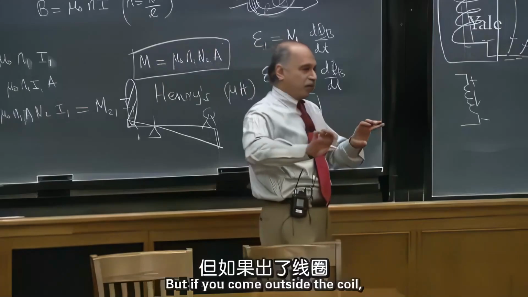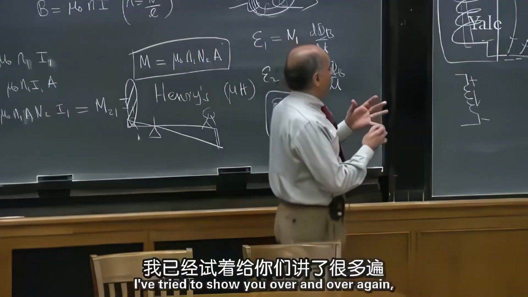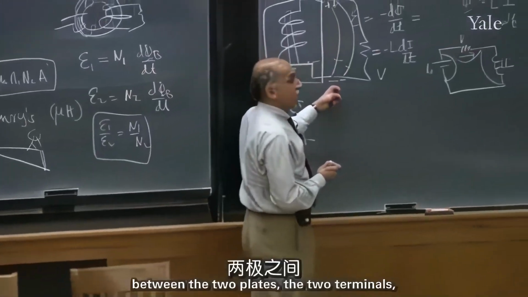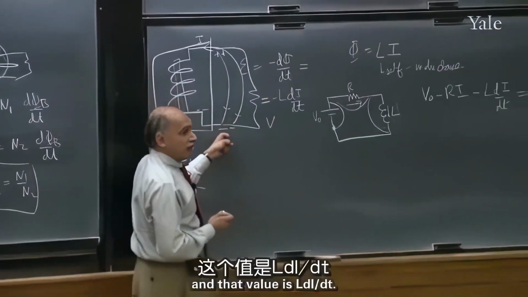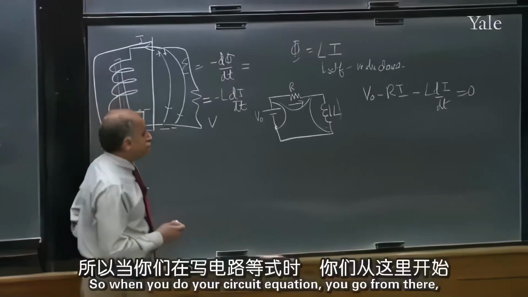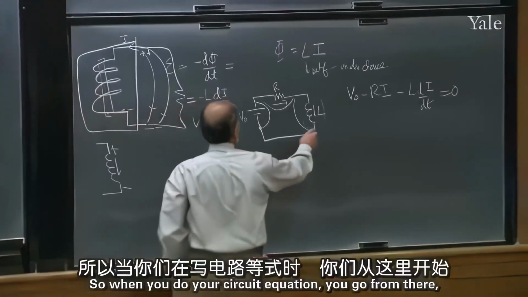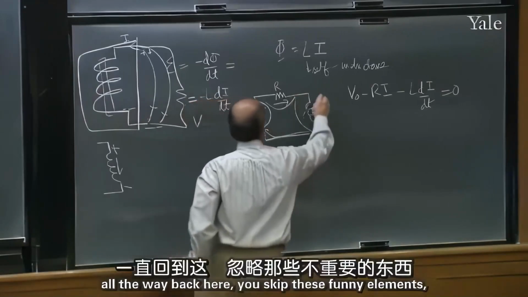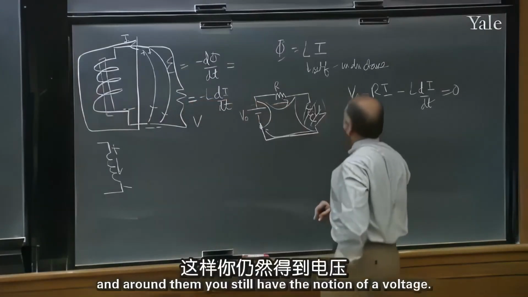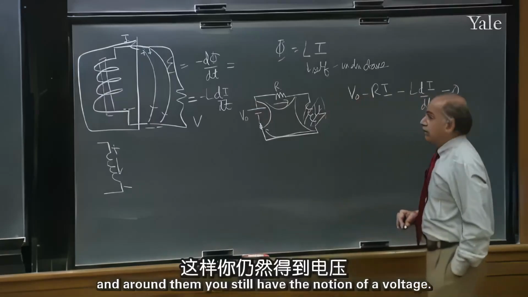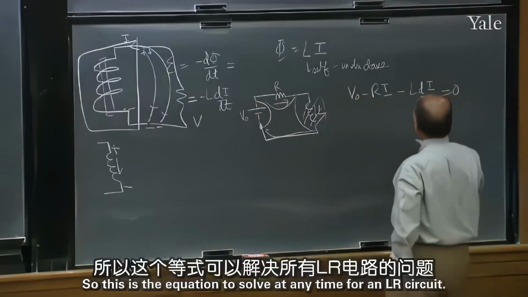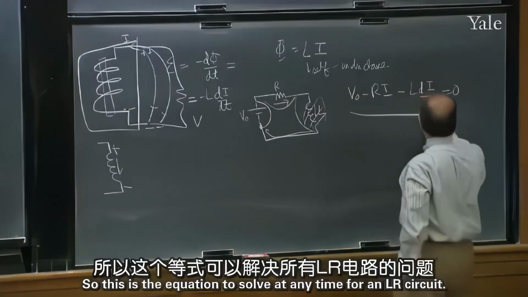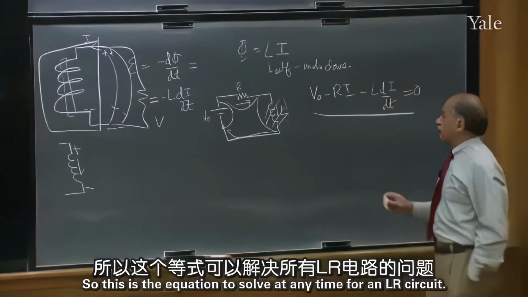But if you come outside the coil, I've tried to show you over and over again, all it looks like is there is a voltage difference between the two plates, the two terminals, and that value is L di/dt. So when you do your circuit equation, you go from there all the way back here, you skip these funny elements, and around them you still have the notion of a voltage. So this is the equation to solve at any time for an LR circuit.